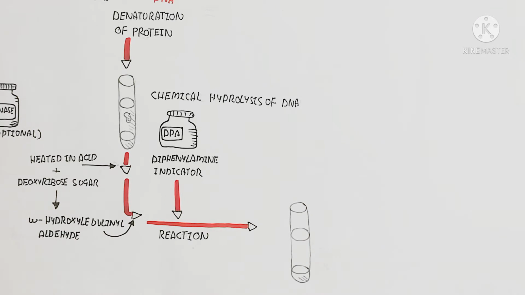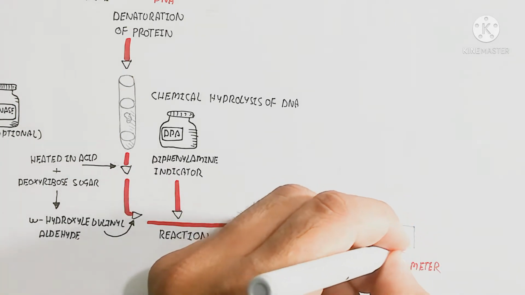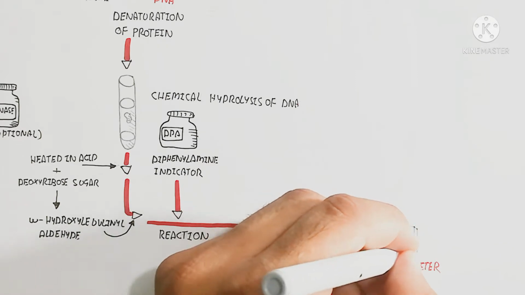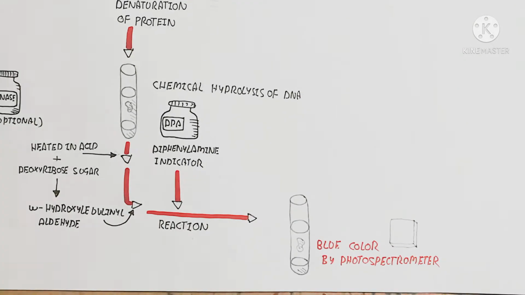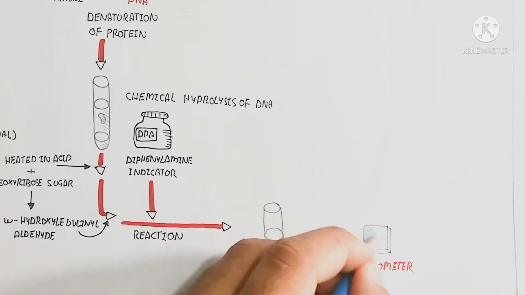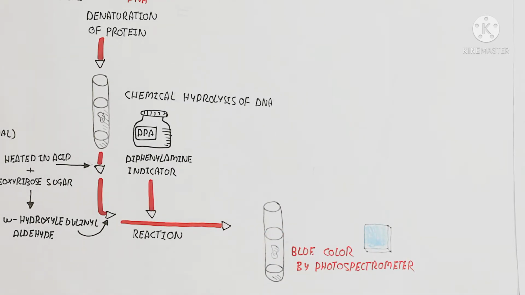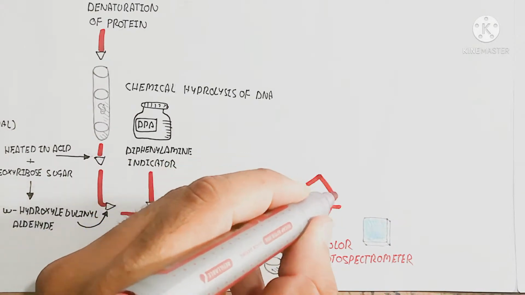If the blue color is present, the identification of the DNA is done. The blue color indicates the presence of DNA in the aqueous media. So that is the end of the DNA extraction.